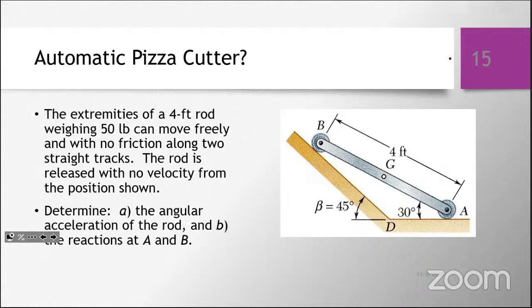Let me give you guys a couple of variables that might be helpful. That one's going to be helpful.